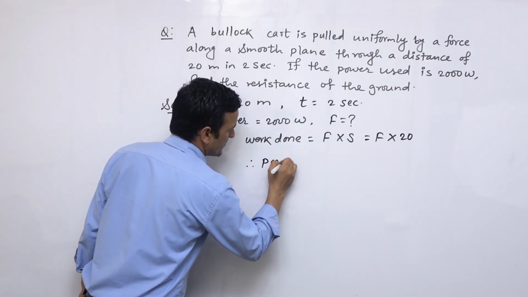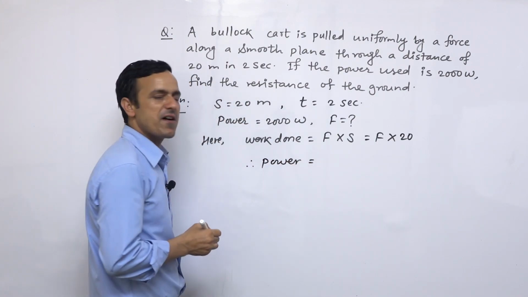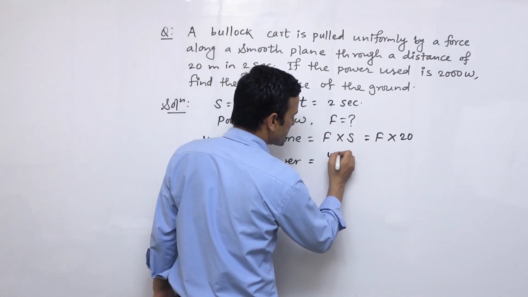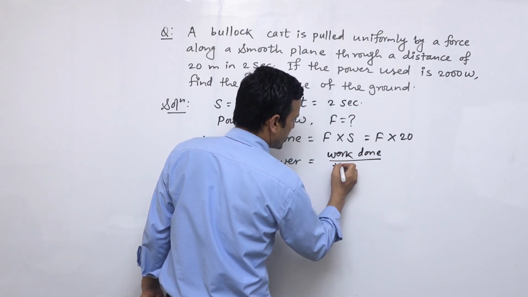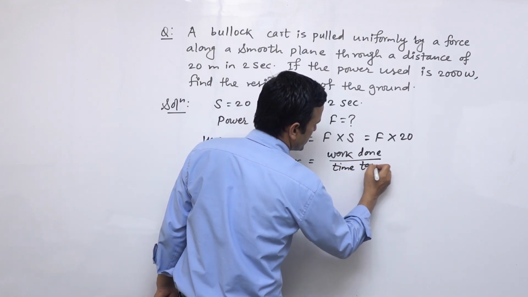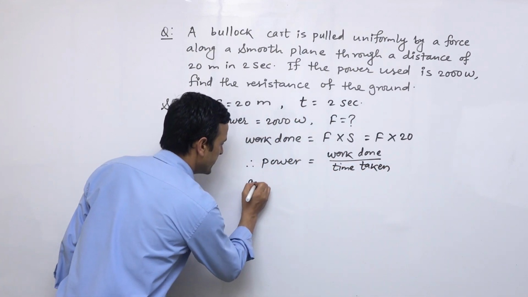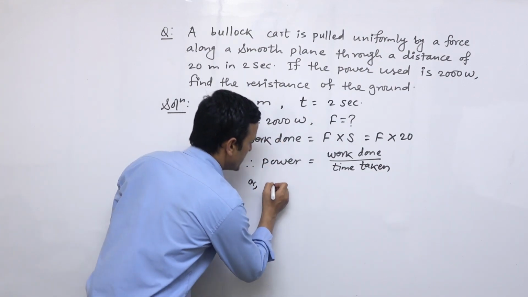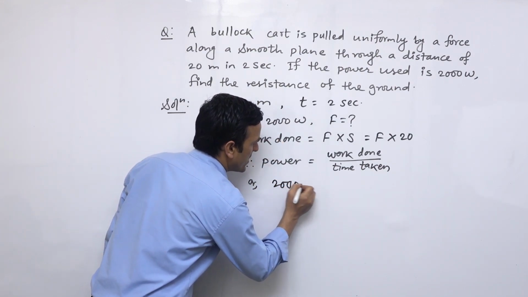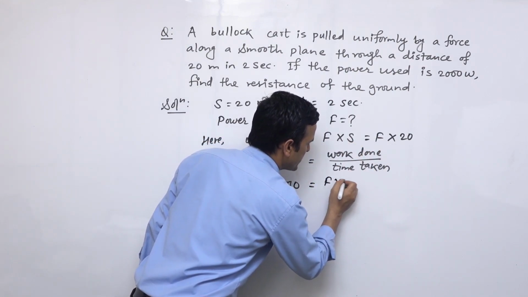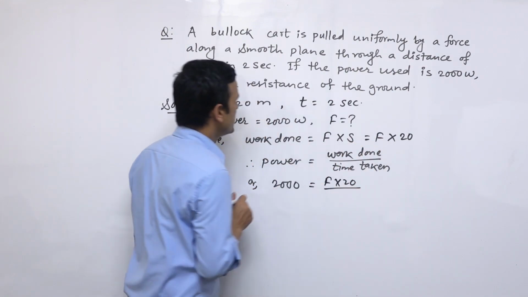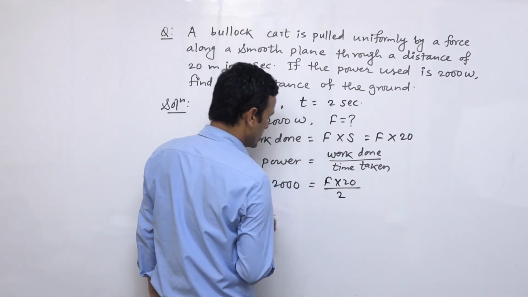Therefore we can use the formula of power. Power means it is work done divided by time taken. So we have the power, this one 2000 watt is equal to work done, F times 20, divided by time taken, which is 2.